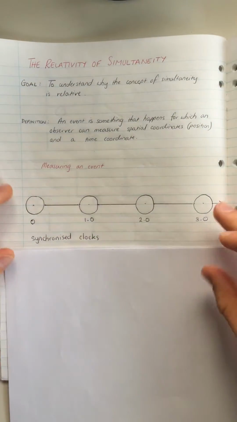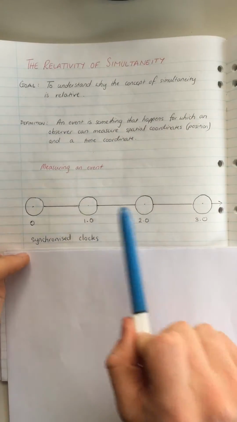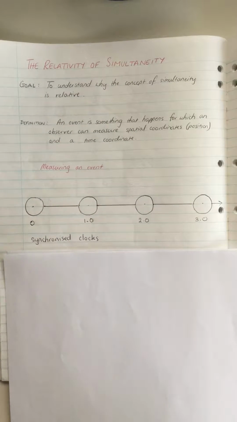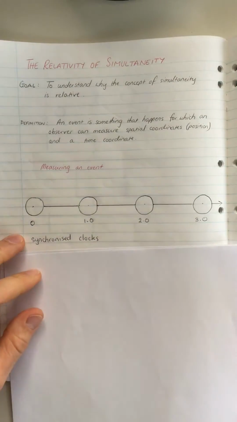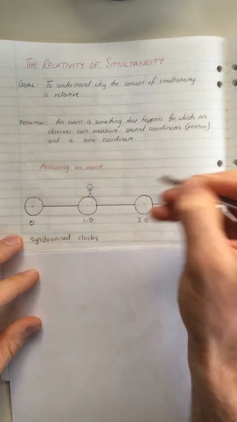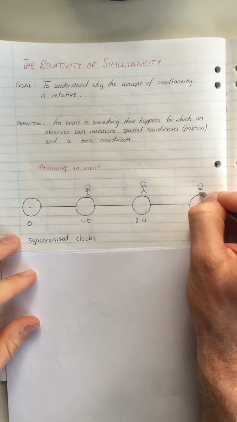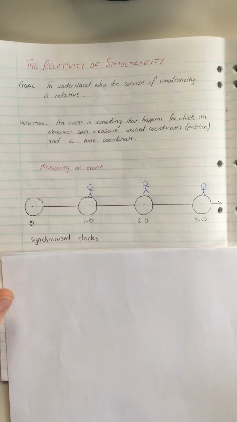Just within our frame of reference that we're looking at here, we want all of these clocks to be ticking exactly synchronized, so they're all reading the same time at a given instant in time. So how could we set that up? Well, just imagine that you have a whole bunch of helpers. There's a person standing at each position, and that person is ready to set the clock going when they're given the signal.